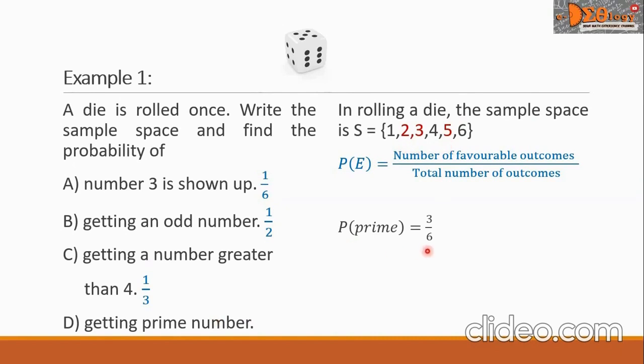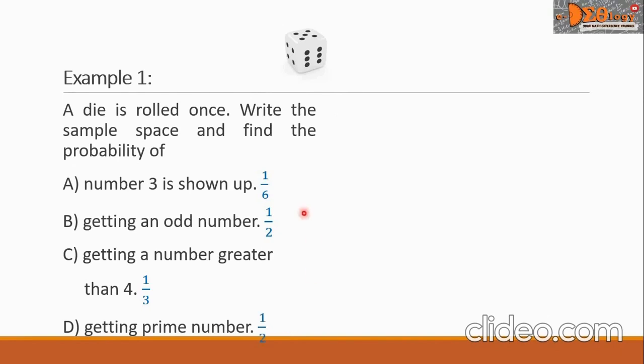In our solution, we write 3 in the numerator over 6. And when we simplify, this is equal to 1 over 2. Let us copy this answer opposite letter D. There we go. So we are done with our example 1.